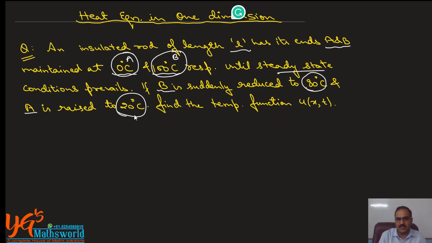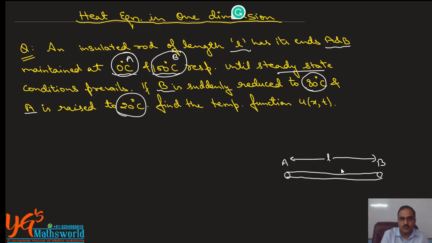From the given statement, it is clear that it is a problem related to heat equation in one dimension. And what is the scenario for us today? The scenario for us is we have a rod. This is the rod, this is the length, A and B, and length is L. So initially temperature at A is 0 degrees Celsius and at B it is 100 degrees Celsius.